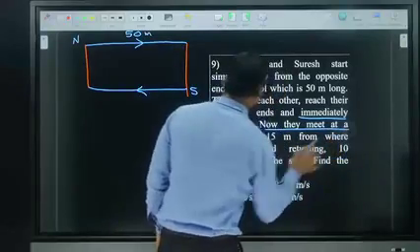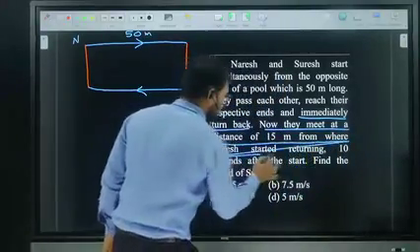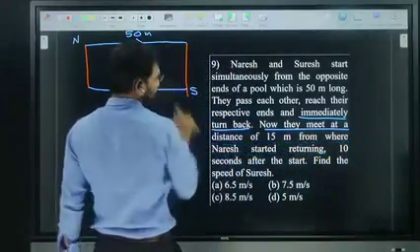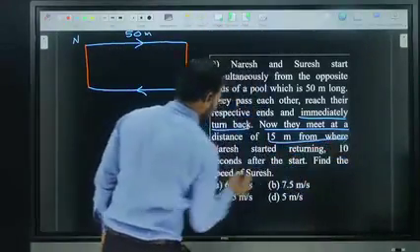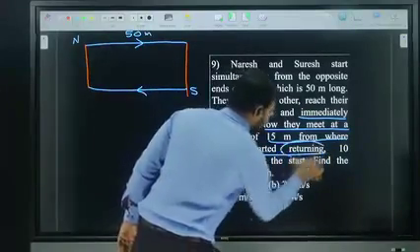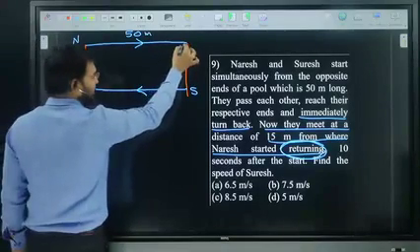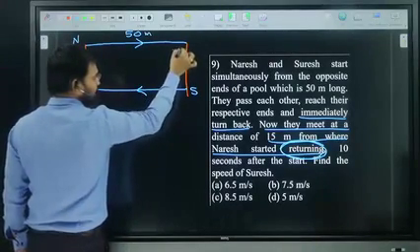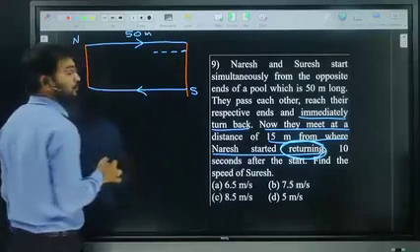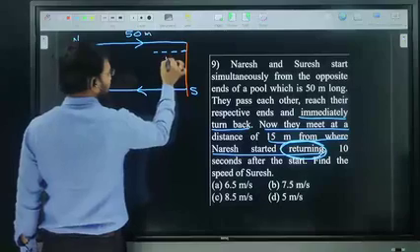Now they meet at a distance of 15 meters from where Naresh started returning. Where Naresh started returning is nothing but this one only. So Naresh covered 15 meters.